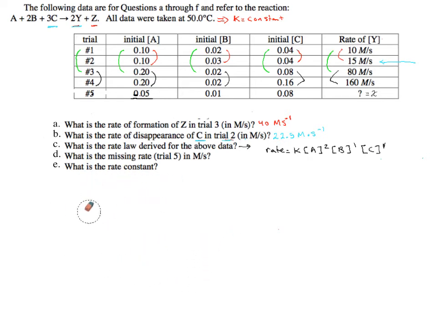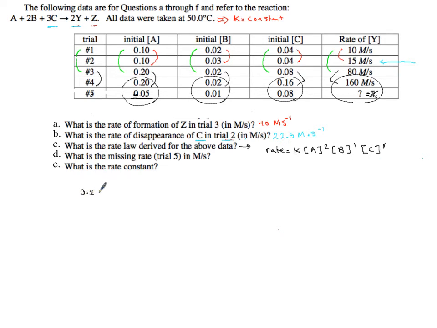The next question is, what is the missing rate in trial number 5? So this is a question mark and I put X already. This time I'm going to do inspection rather than plug-in. So we are going to see what should happen to the rate when we have the following values. So it's really a comparison.